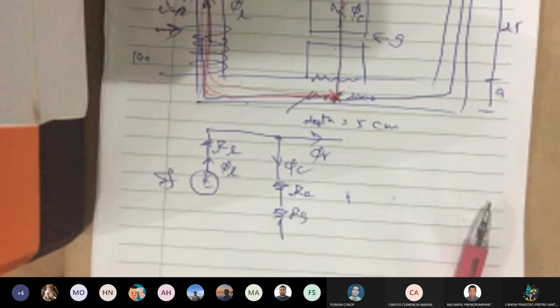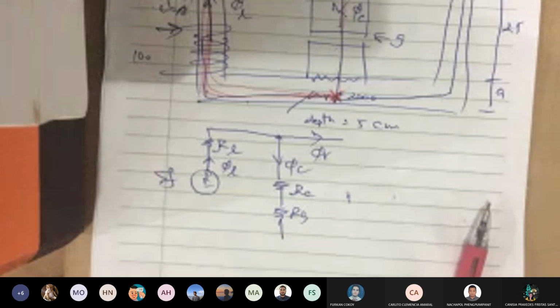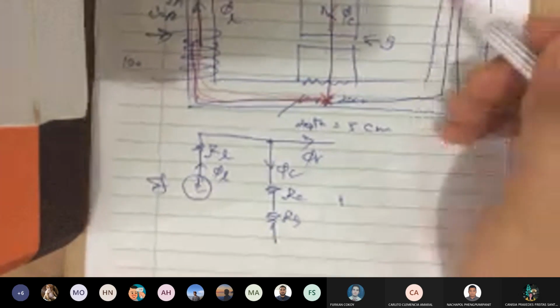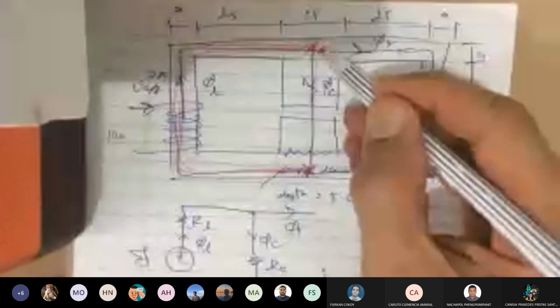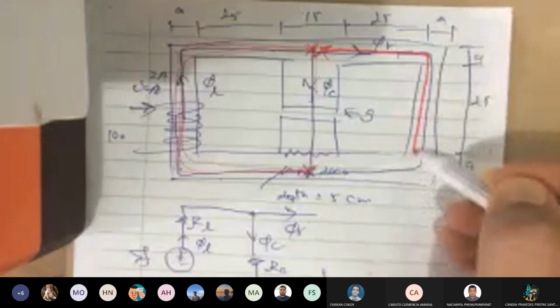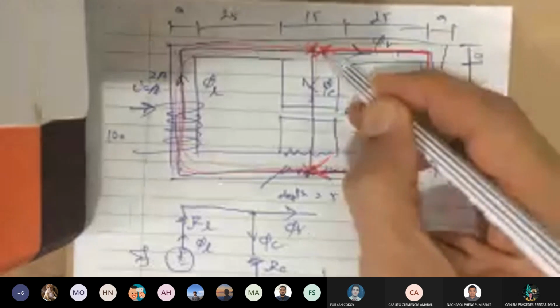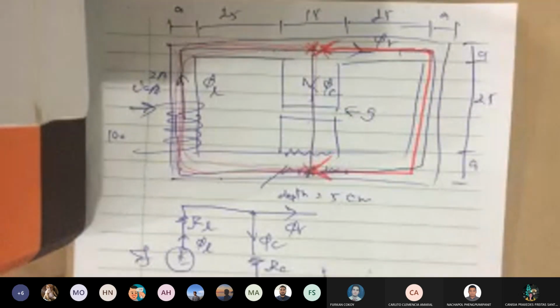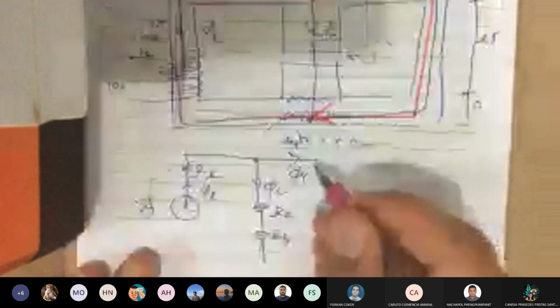See, I get a different color. Well, no, still red. But the right path is this one. Starting from here, again, going out, from here, down here, see? So same thing here.